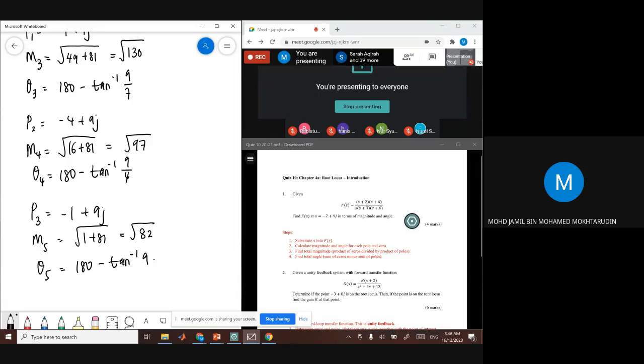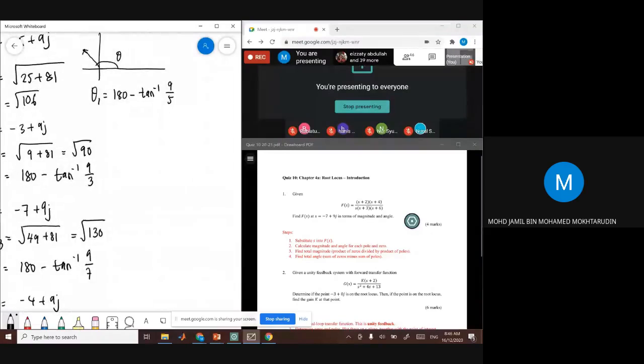Okay, so when you have found every magnitude and angle for each pole and zero, then you can use formula number 3 and 4. To find the total magnitude, you need to use the product of zeros divided by the product of poles, and to find the angle, use sum of zeros minus sum of poles.